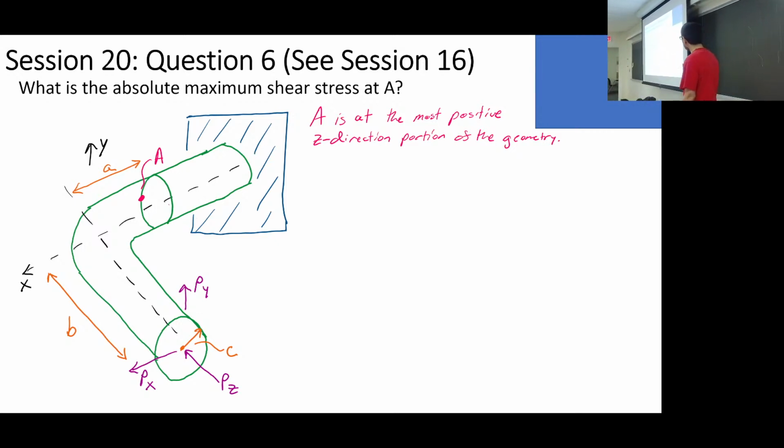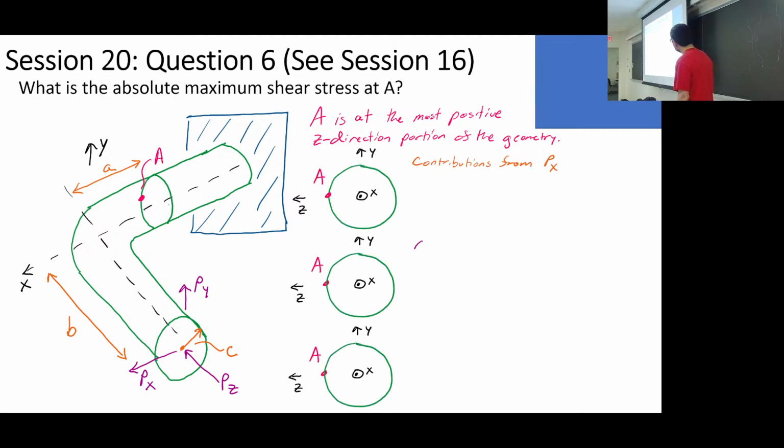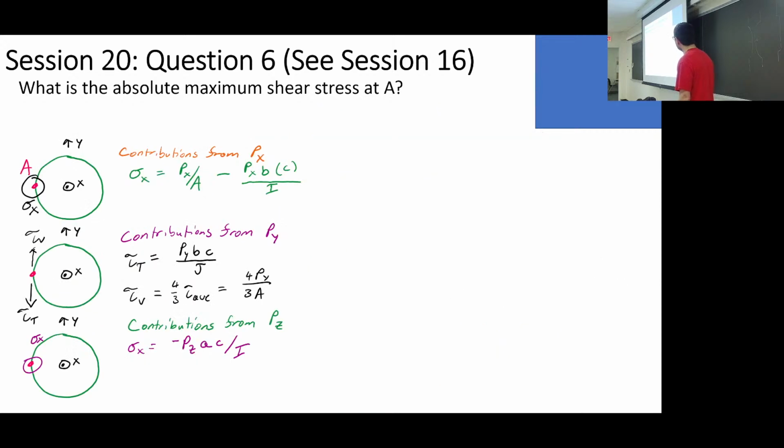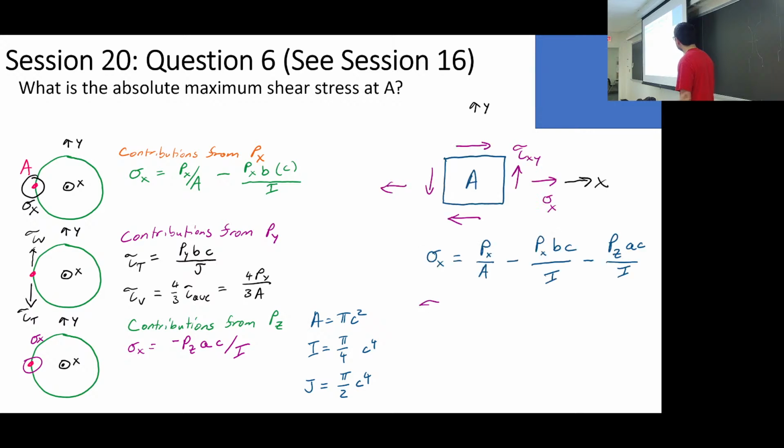Take a look back at that, and then you can figure out what the absolute maximum shear stress is there. So this is all that stuff, and then we have these 2 quantities right there.